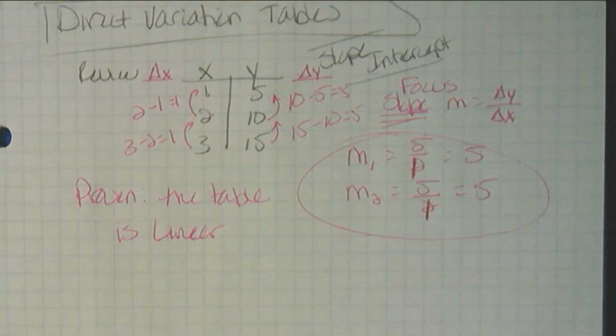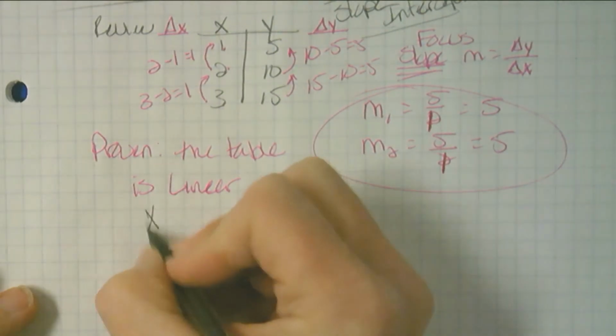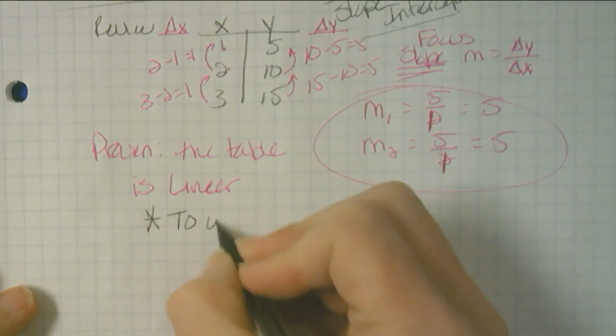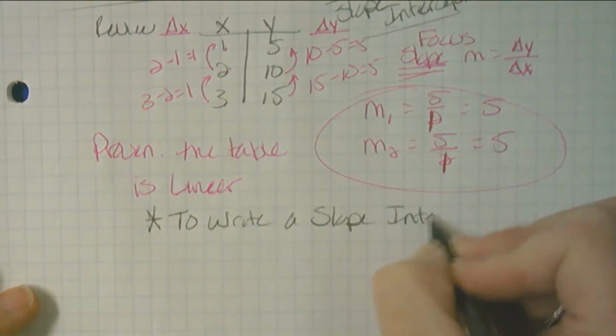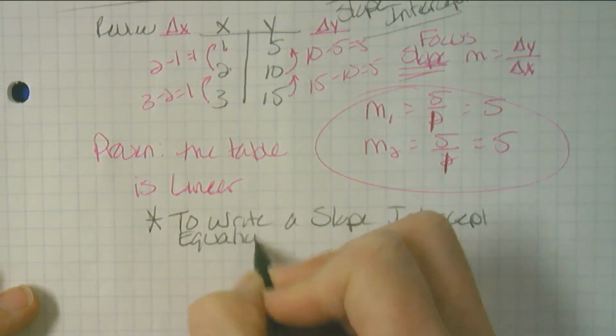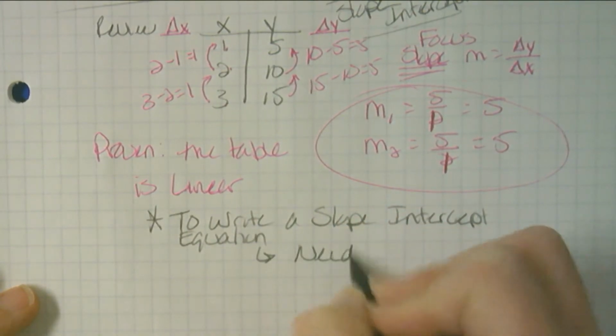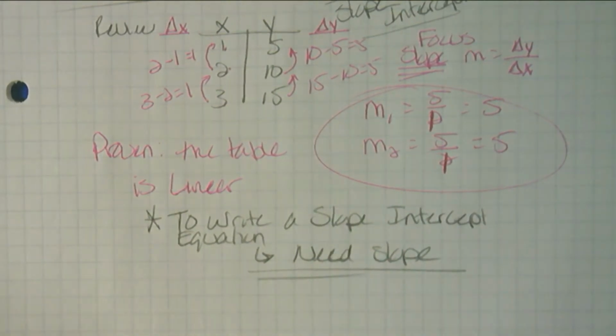All right, so let's talk about direct variation tables. For me to write a slope-intercept equation, we need slope. So we found our slope.